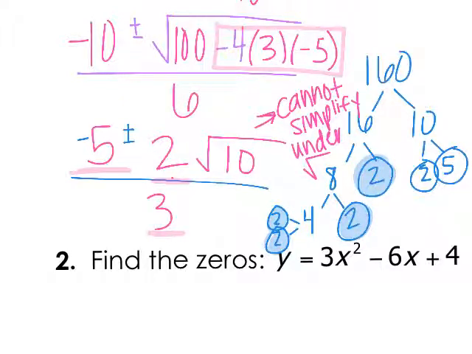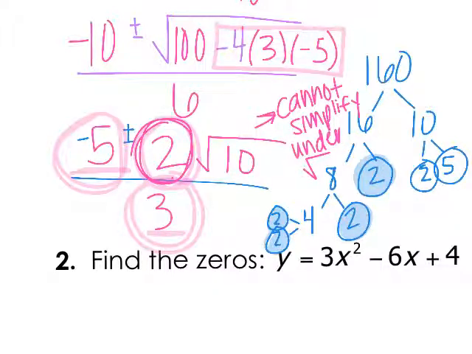If I did not have a 2 out there in front of my 10, so if I just had negative 5 plus or minus radical 10 over 3, even if my 5 and my 3 could be simplified, I can't do anything because I do not have something out in front of here that can be simplified. So in order for you to simplify, you have to have this guy, and this guy all able to simplify. So you have to have those 3 in order to simplify.